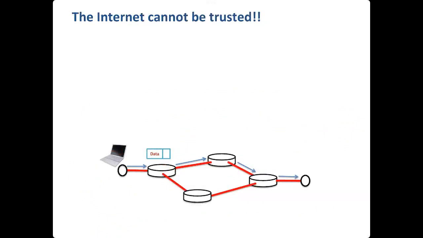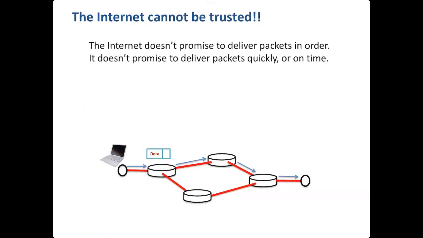So the internet cannot be trusted because it does not promise packet delivery in order. It does not promise that packets will be delivered quickly or on time. It does not give any guarantee that it will take a few milliseconds, microseconds or nanoseconds, right?